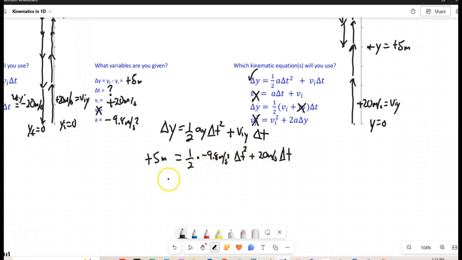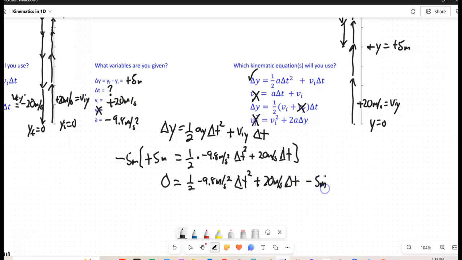This, I recognize, if we subtract 5 meters onto both sides, we get something that's going to look ominous. This is going to be 1/2 of negative 9.8 meters per second squared, delta t squared, plus 20 meters per second, delta t, minus 5 meters. Let's do something real quick. 9.8 meters per second squared divided by 2 is negative 4.9.